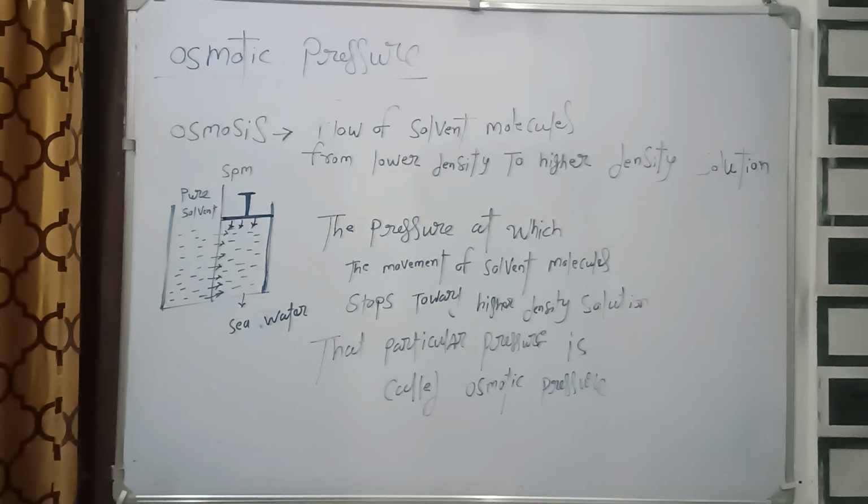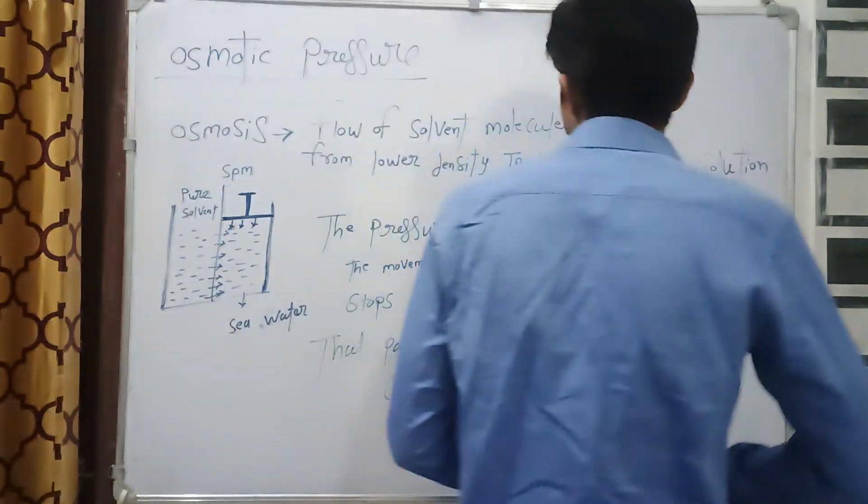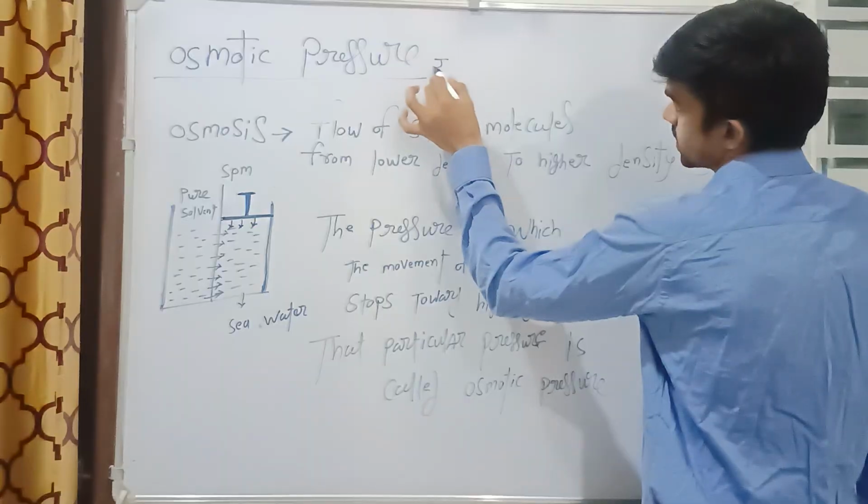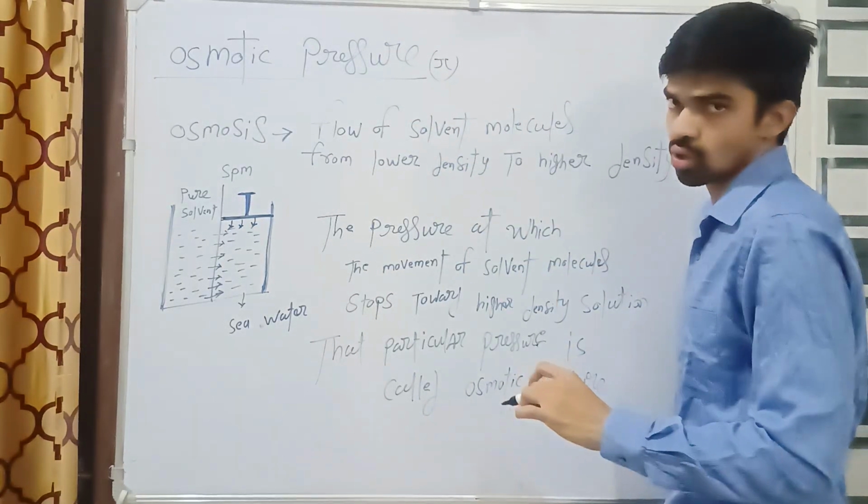Alright. Osmotic pressure is represented by the pi symbol.